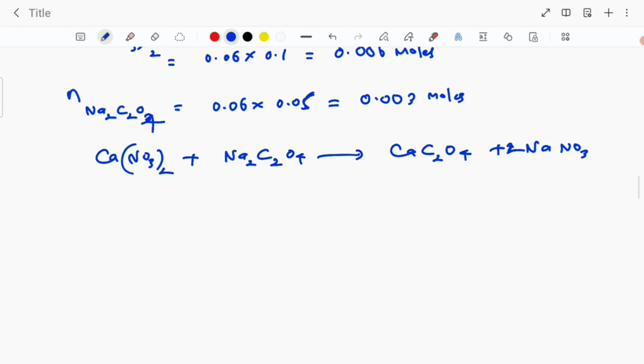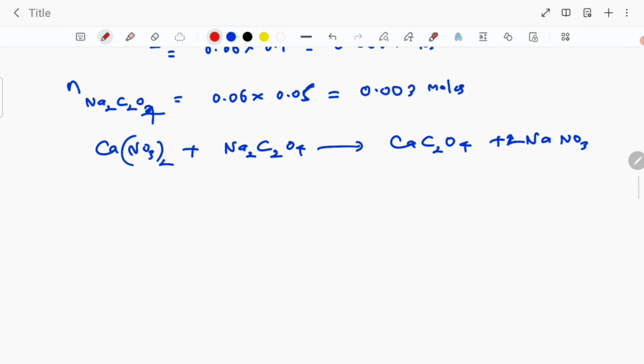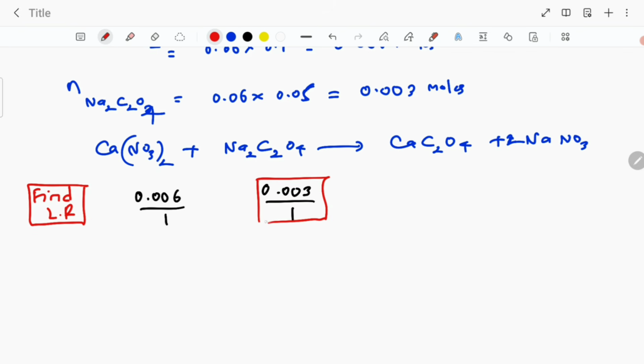After balancing the reaction, first you find the limiting reagent. We already know the trick to find the limiting reagent. Given moles of calcium nitrate, 0.006 by 1, and here 0.003 by 1. Which is the limiting reagent? The one having the lower value is the limiting reagent.